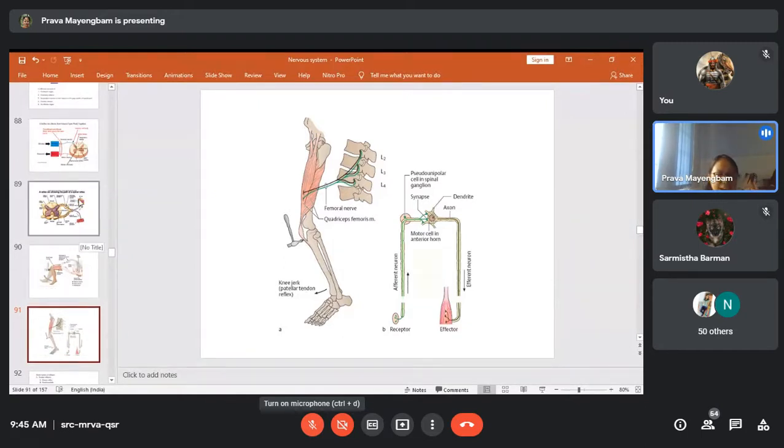And the reflex arc consists of a receptor organ, a sensory neuron, an interneuron, a motor neuron, and an effector organ.